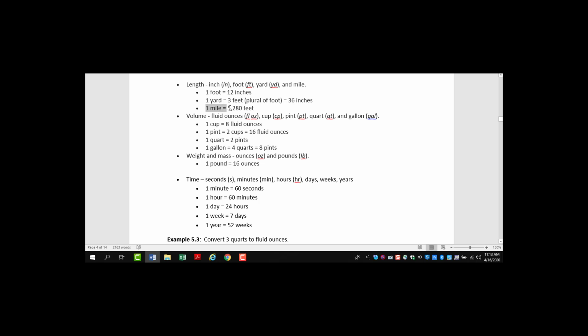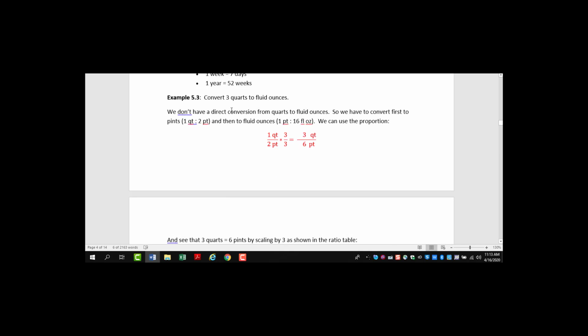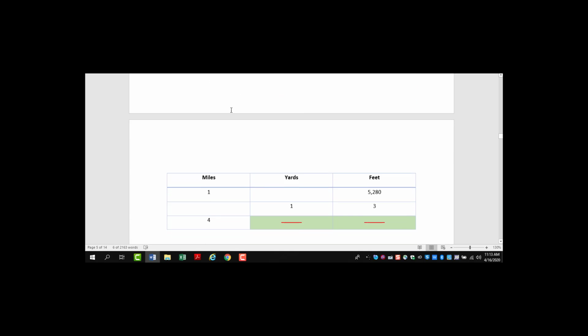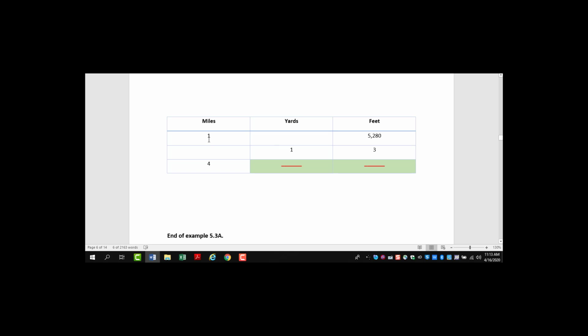So we have miles to feet, and feet to yards. So those are the 2 conversions we're working with. And we want to turn 4 miles into yards. But we don't have a conversion from yards to miles.